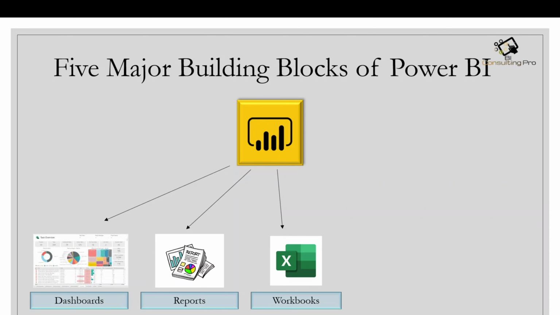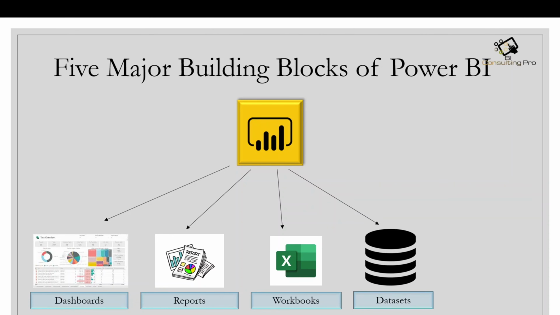This leads to our fourth building block of Power BI service, which is the datasets. As I mentioned earlier, reports are based on datasets. Dashboards and reports are both based on datasets. A dataset is a collection of data that you import or connect to. One dataset can comprise multiple data sources.